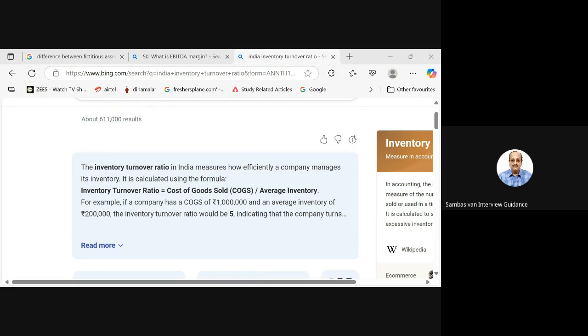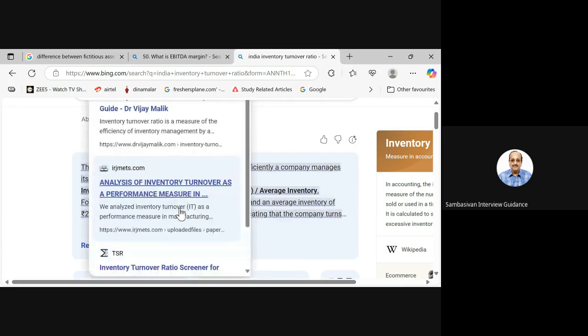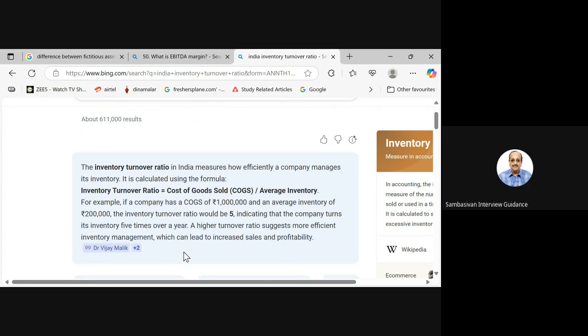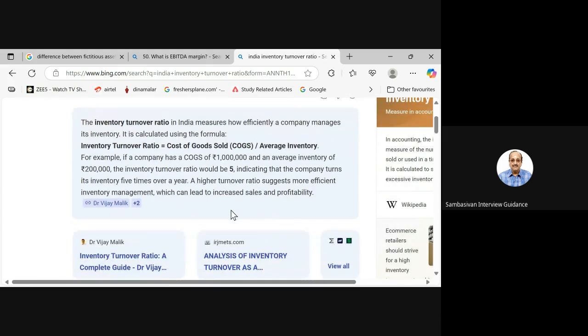Thank you, Preeti. You are right, because here I find it is coming correctly. For example, if a company has a cost of goods sold of 10 lakh and an average inventory of 2 lakh, the inventory turnover ratio would be 5, indicating the company turns its inventory 5 times a year.